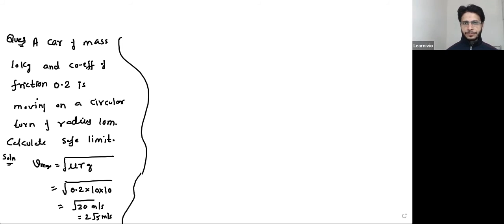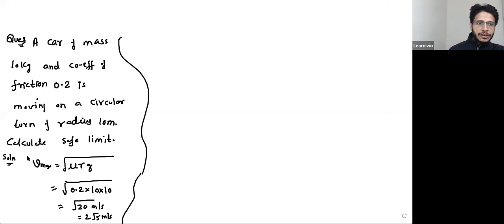Sania, is it clear? So this is the maximum velocity with which this car takes a circular turn. If the speed of the car exceeds this value, then the car will skid, leading to an accident. So, tell me one thing.